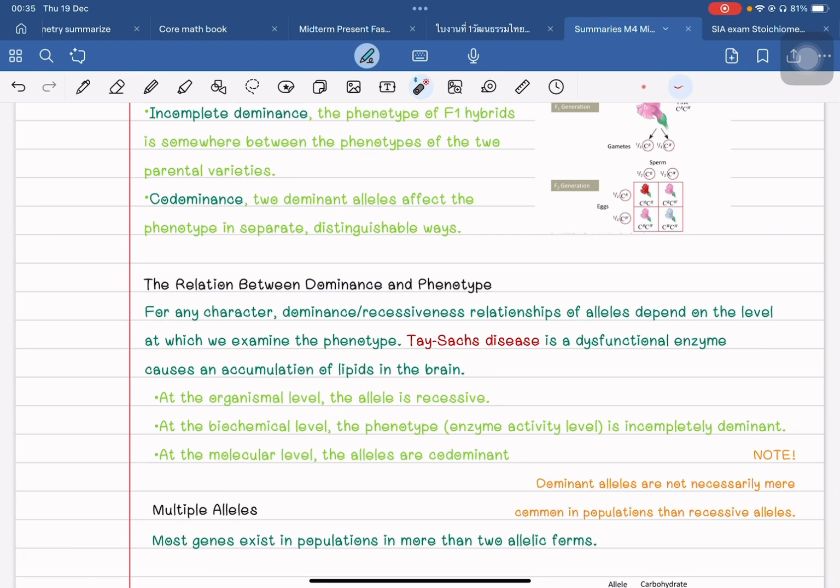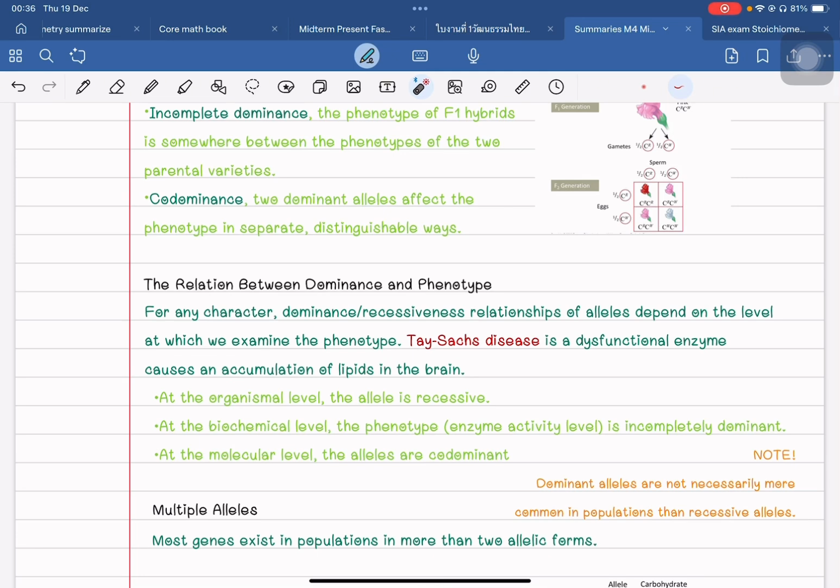The relation between dominance and phenotype: for any character, the dominance-recessiveness relationship of alleles depends on the level at which we're examining the phenotype. Tay-Sachs disease is a dysfunctional enzyme causing an accumulation of lipids in the brain.